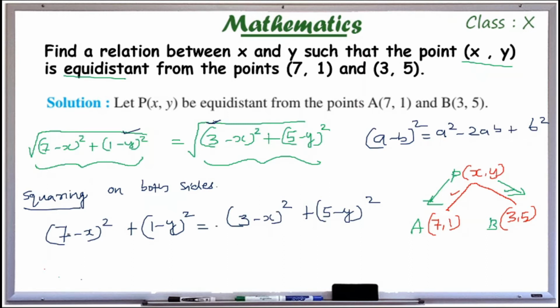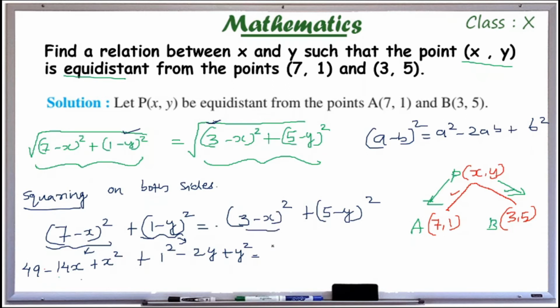So 7 square is 49, minus 2ab, 2 into 7 into x, which is 14x, plus x square, is equal to x square plus 1 square minus 2y plus y square. So you have to expand this term. You have to expand each term.